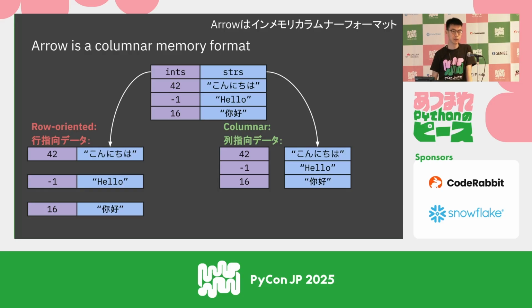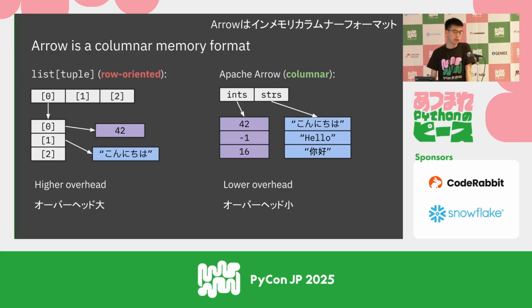But before I get to the why, I also want to talk about what memory format actually means. This is something that we don't really think about as Python users necessarily, but of course, in memory, everything boils down to a bunch of bits and bytes, and we have to figure out what exactly those bits and bytes are. So when I say memory format, what I mean is that Arrow is actually a specification for how to lay out arrays of data in memory.